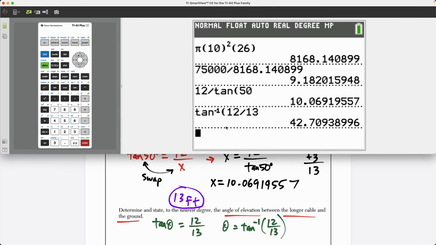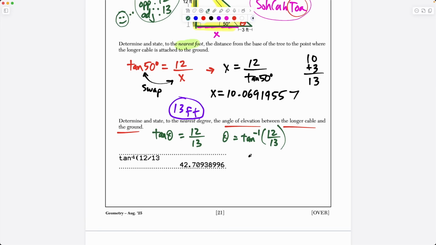And this tells us that theta to the nearest degree is going to be 43 degrees. So I'll just write a few digits after the decimal. Theta equals 42.709, but they did say for the final answer, determine and state to the nearest degree. So our digit to the right of the ones place is a 7, so we're going to round up to 43 degrees. So we're just going to say 43 degrees is our answer.